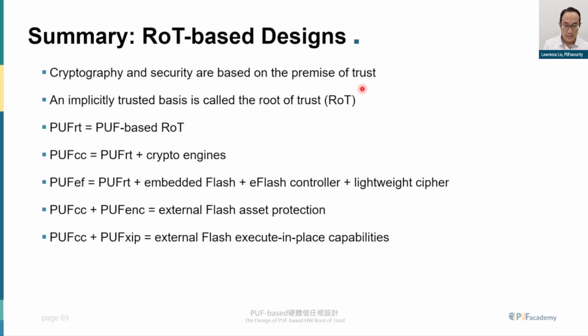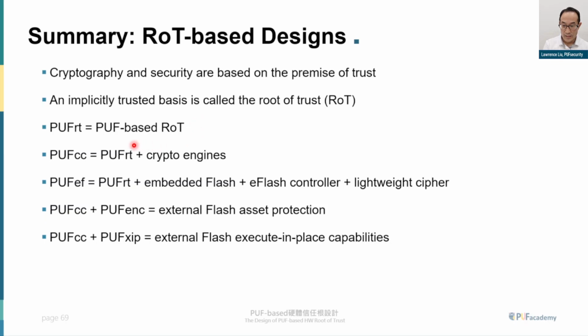A root of trust can anchor a chain of trust that forms a secure, measured boot flow. And PUF-based roots of trust offer benefits over ordinary roots of trust, such as internal key provisioning and integrated digital and analog solutions. And PUFrt is one such PUF-based root of trust.